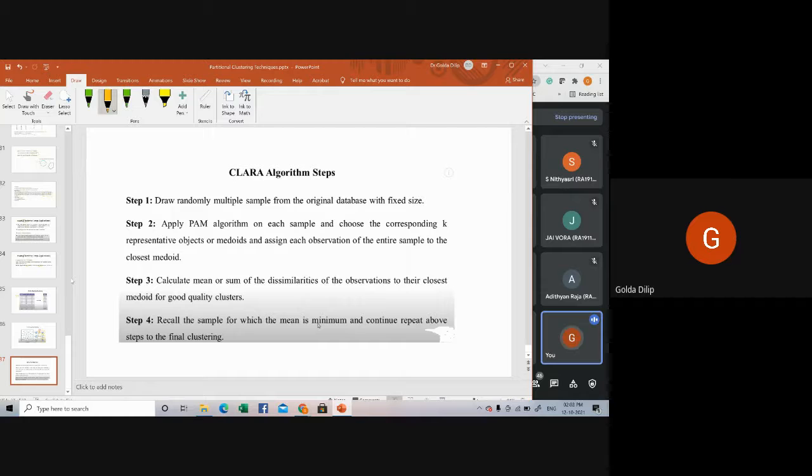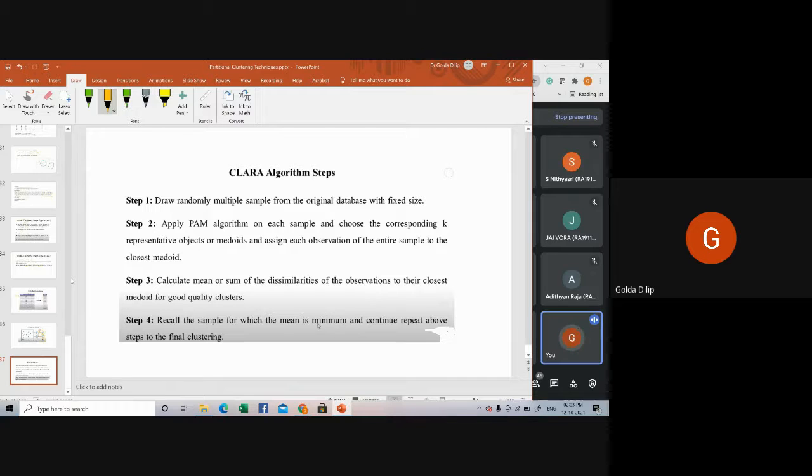Then you calculate the mean or sum of the dissimilarities of the observations to their closest medoid for good quality clusters. Then you recall the sample for which the mean is minimum, and continue repeating the above steps to reach the final clustering.